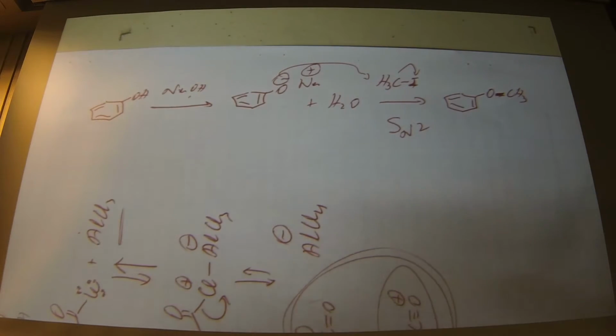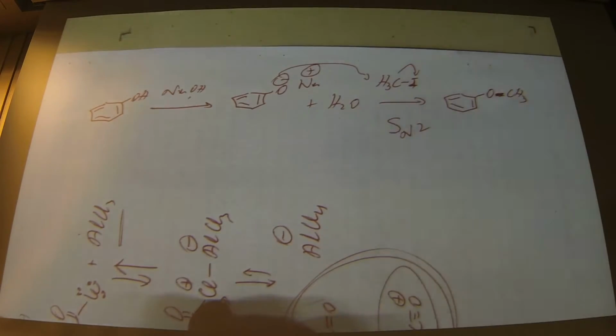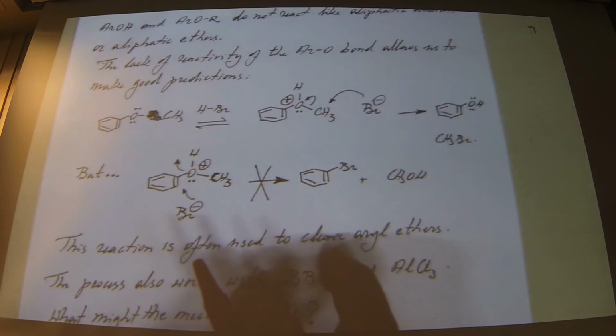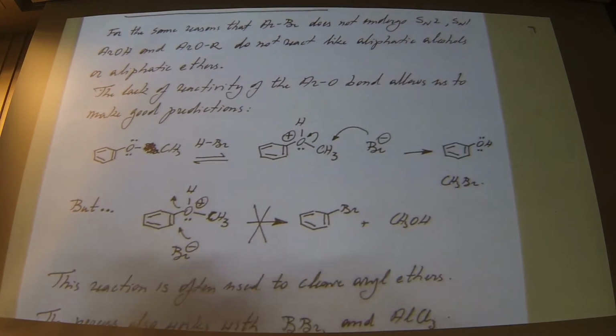Now it turns out that oxygen-carbon bond can be cleaved, and it's not hard to cleave it, but of course under different conditions. So phenolic CO bonds, not to the aromatic ring, the other one, are labile.